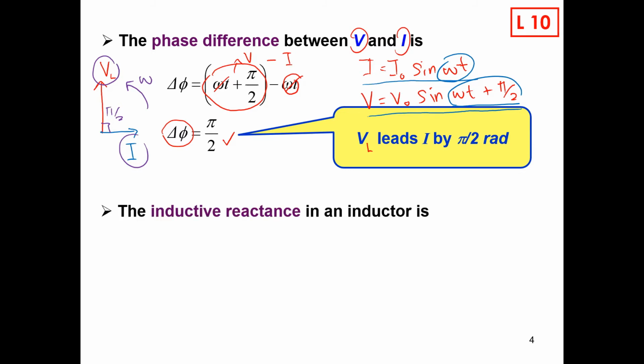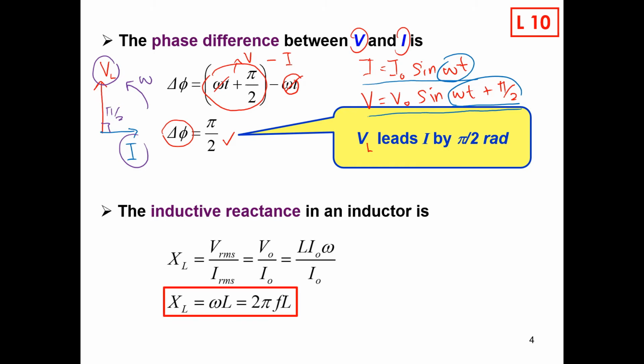Next, the inductive reactance in an inductor. Inductive reactance is the resistance in a pure inductor circuit, the resistance caused by an inductor, so that's why we get XL. Inductive reactance is denoted by XL.